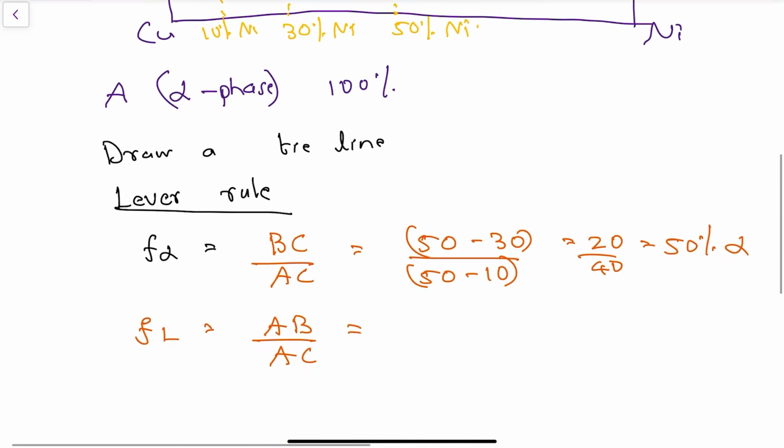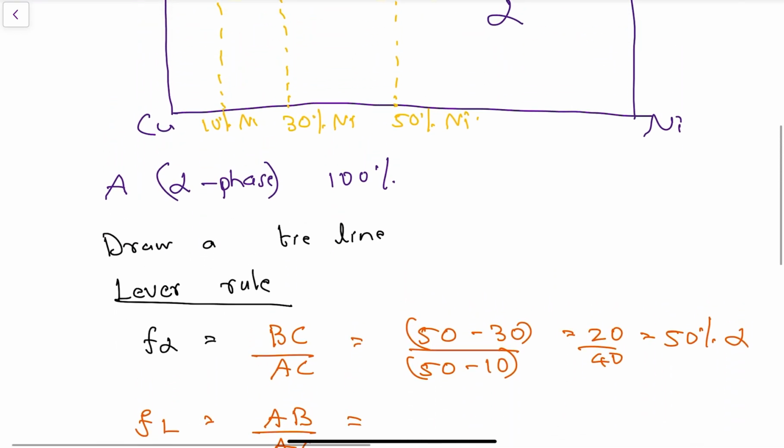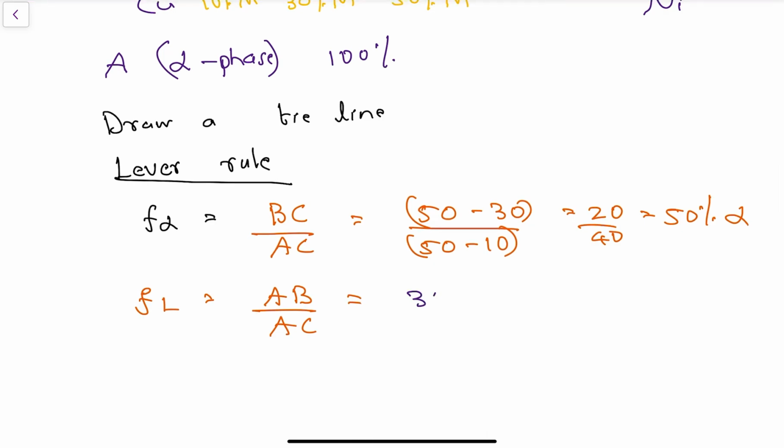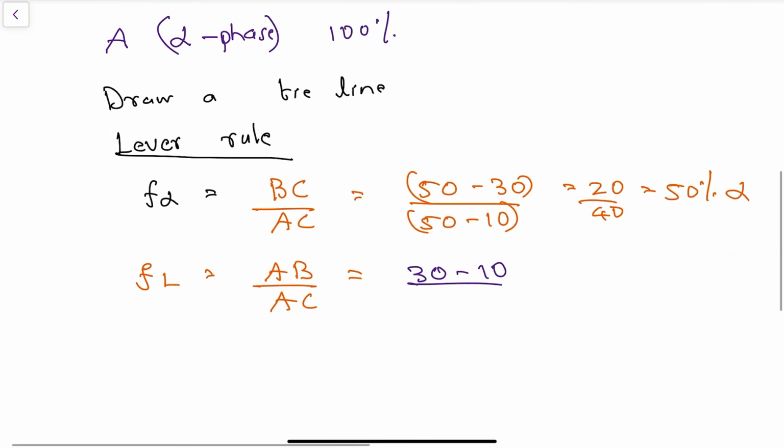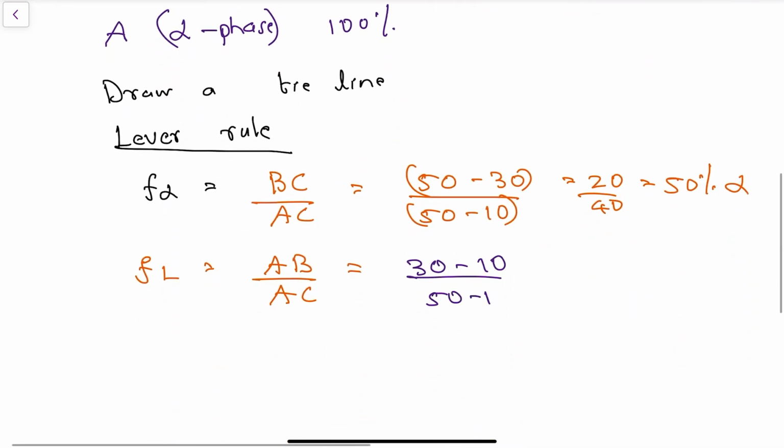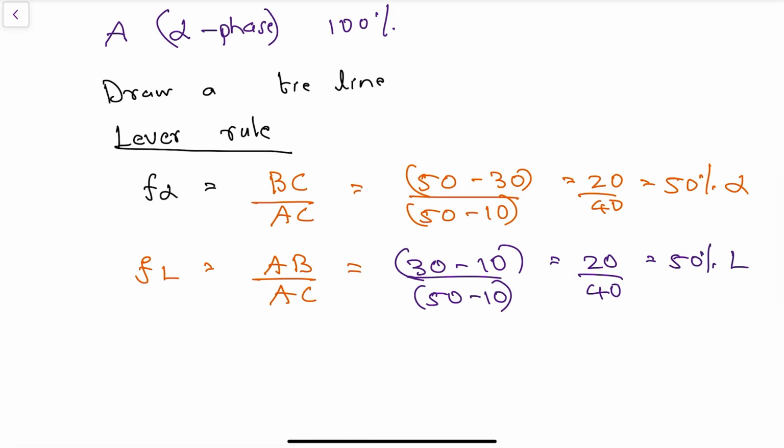This AB you can write as 30 minus 10 divided by 50 minus 10, that is 20 divided by 40, that is 50 percent liquid.